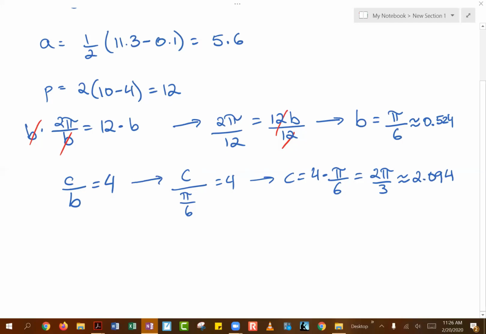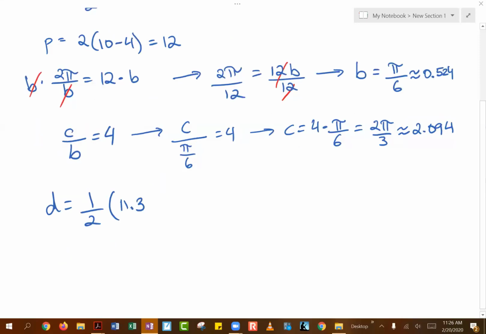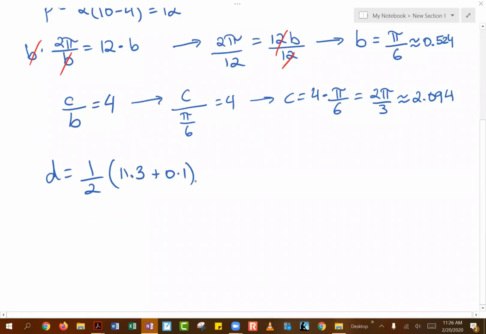It's actually a similar calculation to what you did for A. The only difference is you're going to be adding instead of subtracting. So you're going to be doing 1/2 and then adding the maximum depth with the minimum. And what does that guy come out to be? It will be 5.7, yeah.